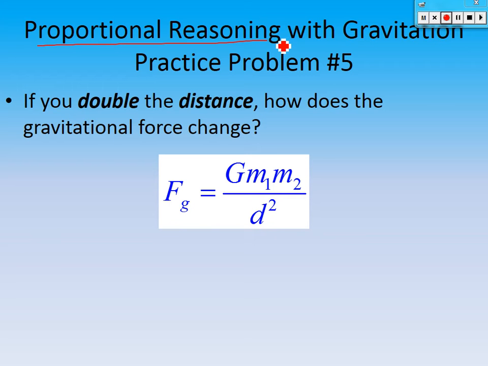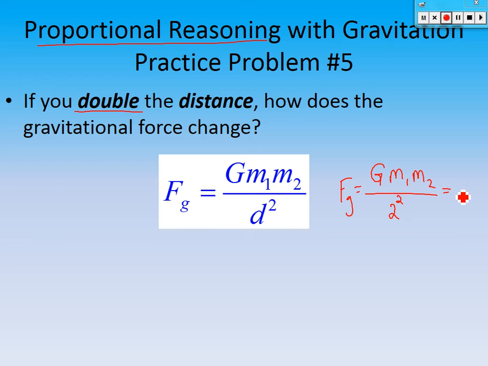It doesn't look like we're changing m1 or m2. They're staying the same. So force of gravity is equal to big G, the gravitational constant, m1 staying the same, m2 staying the same, but the distance between them is doubling. So what are we going to put in for D? Well, we're going to put in 2 because it doubled the distance, but we can't forget to square it.